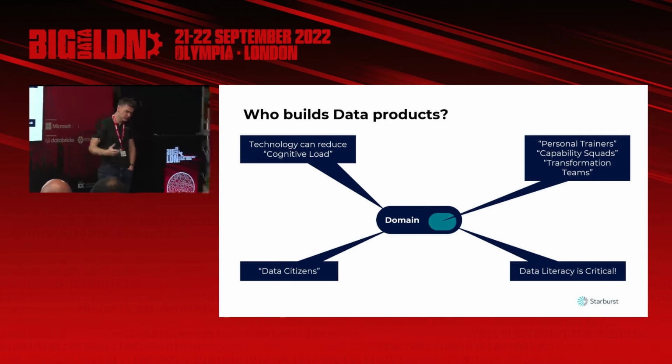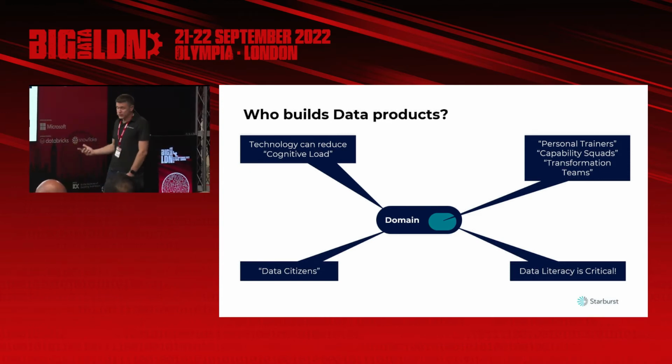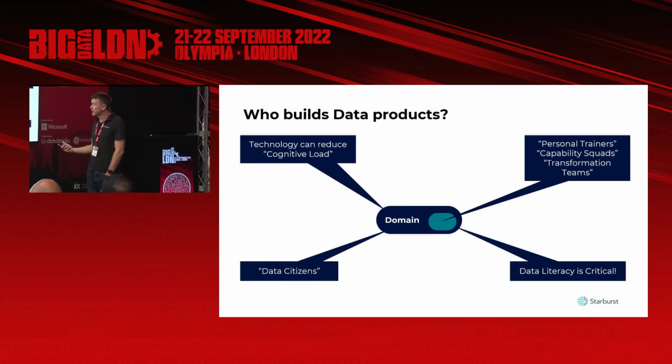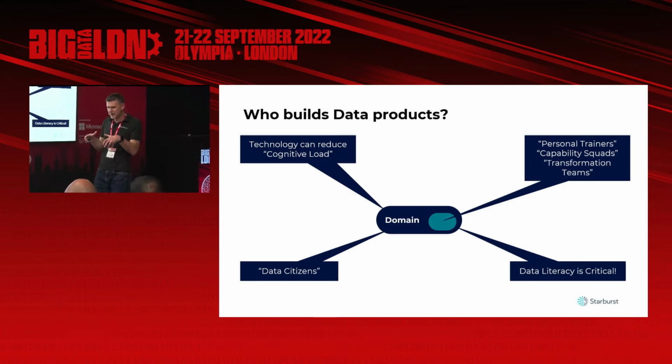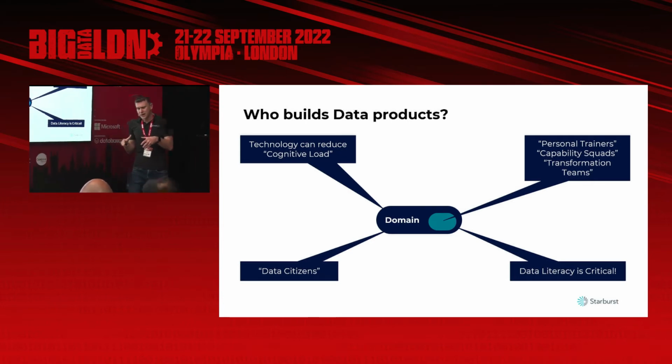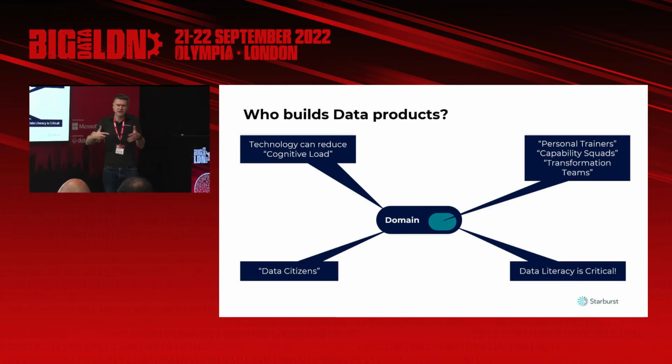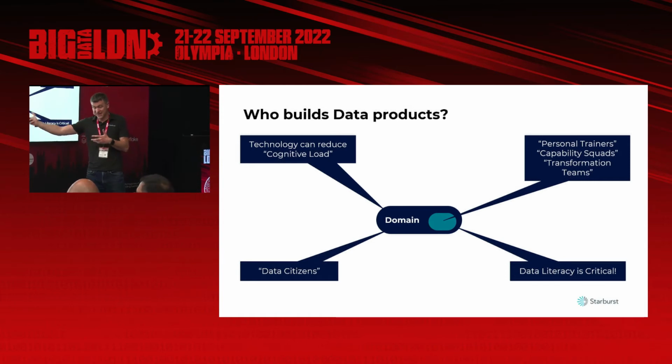A capability squad, a transformation team, a personal trainer. And I really like the concept of a personal trainer, and I've used this a couple of times with a couple of different people. This idea that we are putting some people into a domain who really understand data, alongside people who really understand the usage of the data. These folks, the data engineers, are educating, training, enabling the rest of the people in the domain to become data citizens and build their own data products.